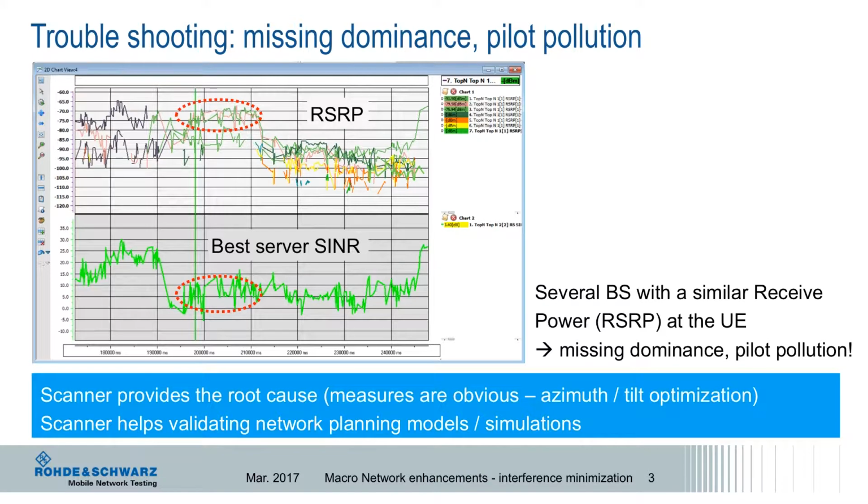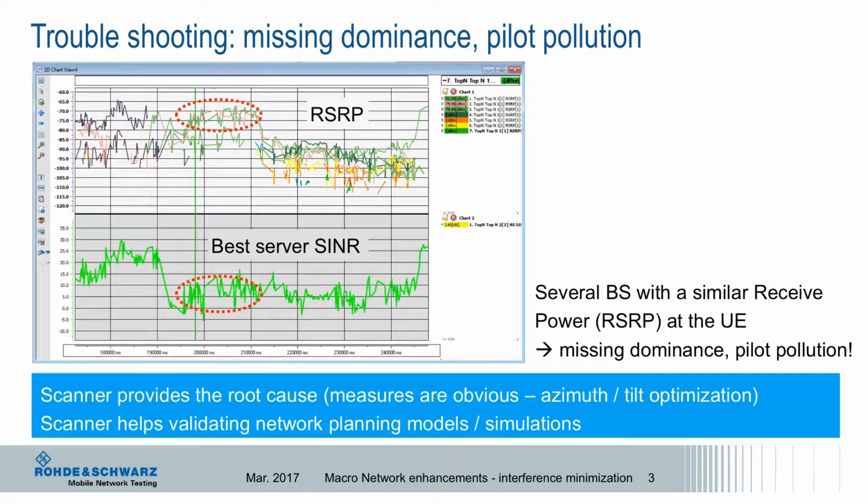Now we are in this troubleshooting process. You see on the bottom the signal to noise ratio for the best server, and in the red marked area you see that the best server only gets a signal to interference and noise ratio of around 5 dB. On top you see that the RSRP, which means the coverage value, is quite good, minus 70 dBm. This is a good coverage value. But you also see that there are two colors, which means there are two base stations with such high RSRP values received by the user.